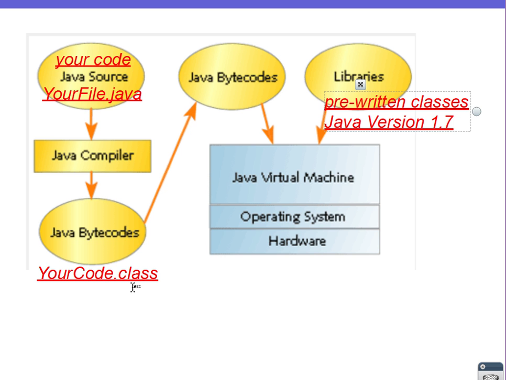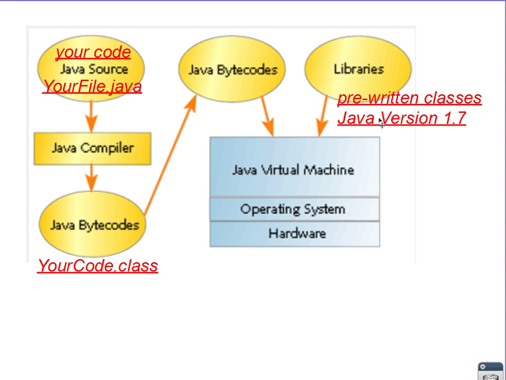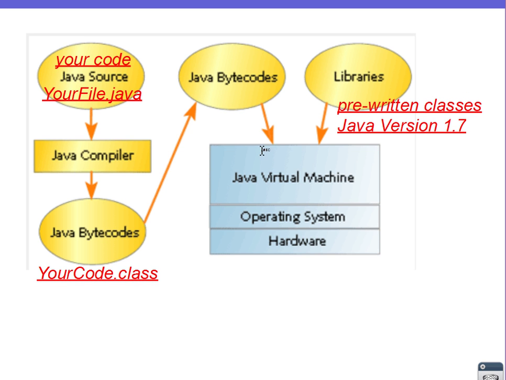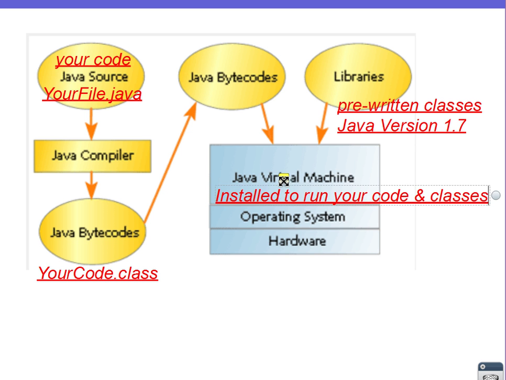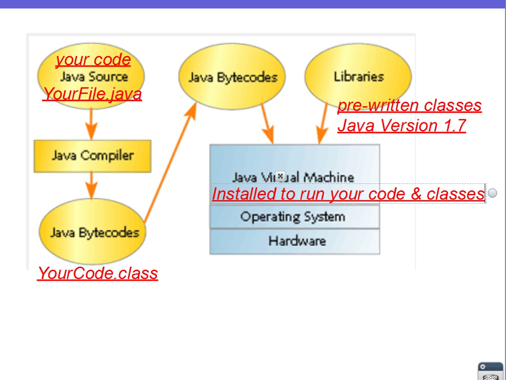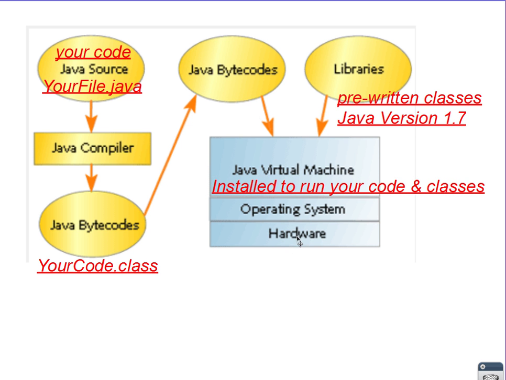So it combines your file with the pre-written files. The Java virtual machine is what's actually installed to run your code and any classes that it needs. That's specific to your operating system and your hardware, and that's actually what executes your code.